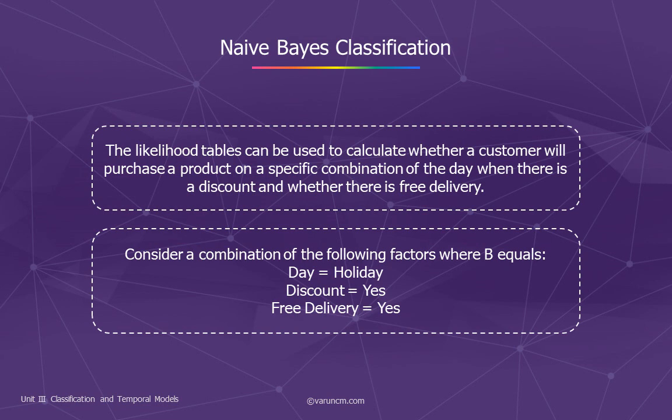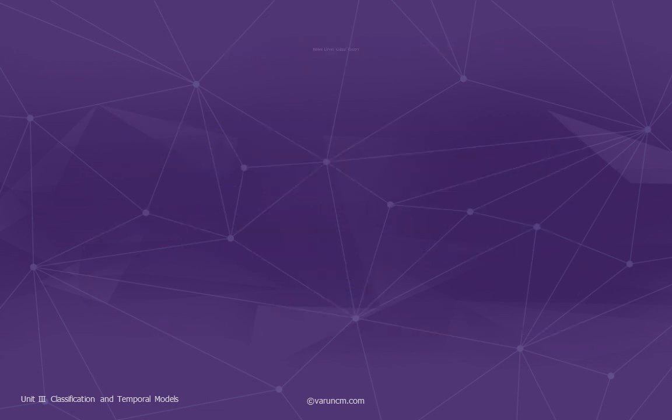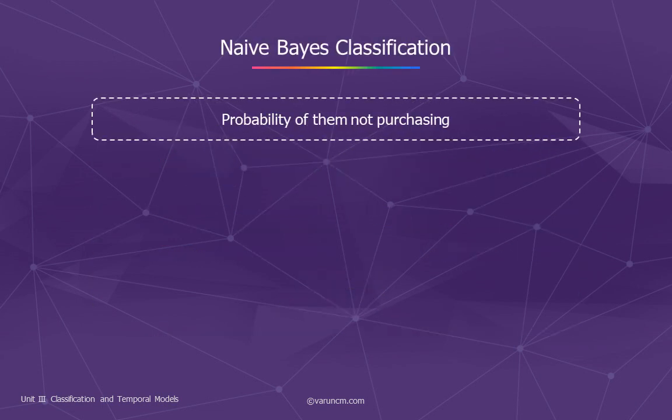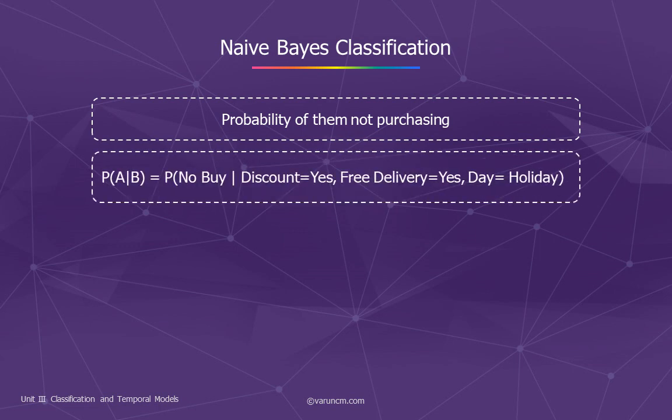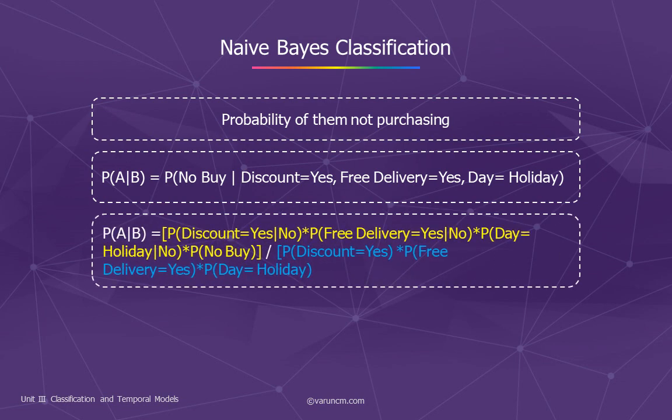For this case we are going to identify the probability of purchasing the product. So day is equal to holiday, discount is yes, and free delivery is yes. First, the probability of them not purchasing: P of A by B is equal to the probability of no buy with discount equal to yes, free delivery equal to yes, and day equal to holiday. This is the condition which we are going to find.